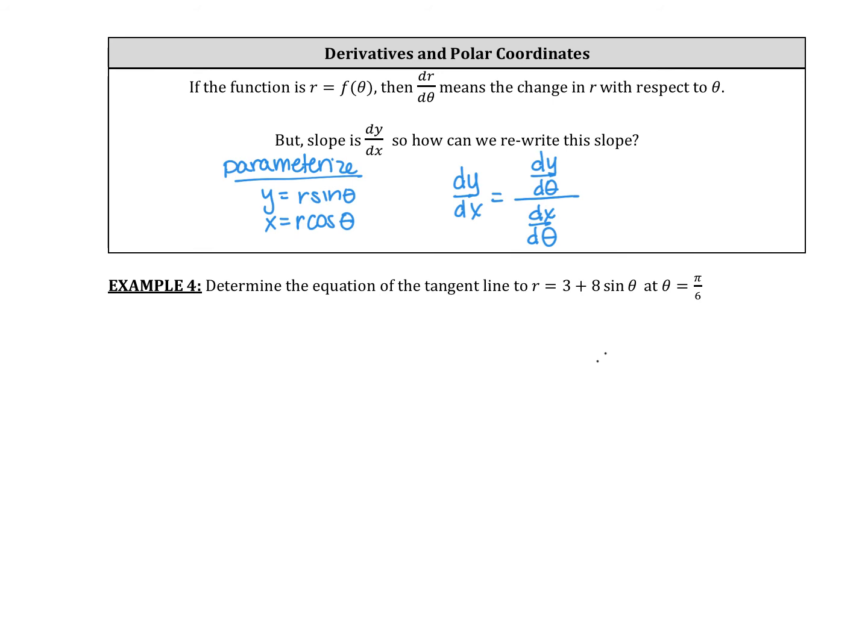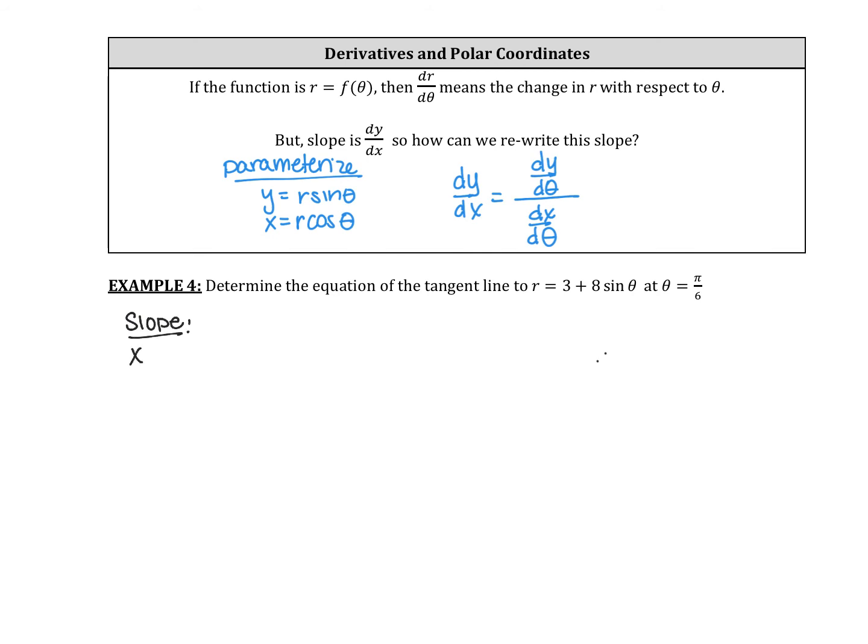Let's look at an example. This says determine the equation of the tangent line to r equals 3 plus 8 sine theta at theta equals pi over 6. Well, what do we know we need? We know to write an equation of a tangent line, we need a slope. And when we need a slope, we need derivatives.